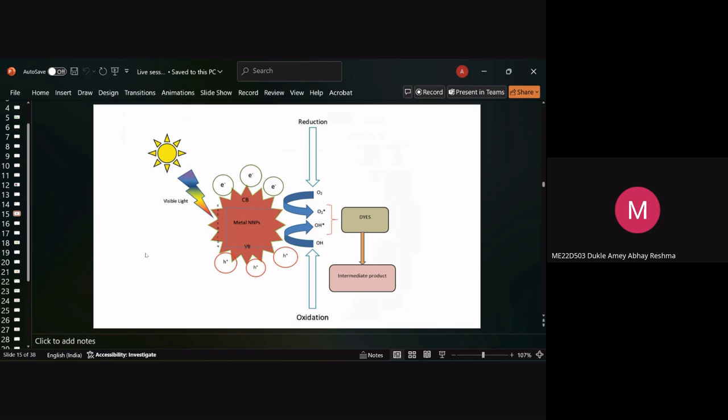The sun is exciting the metal nanoparticle surface because of the titanium dioxide catalytic properties, and that leads to catalytic behavior and reduction of the methyl orange dye.